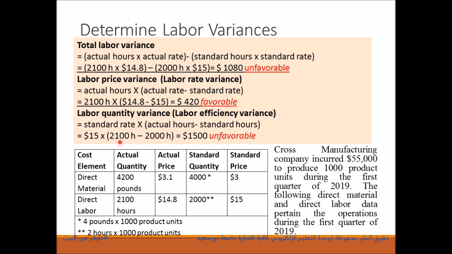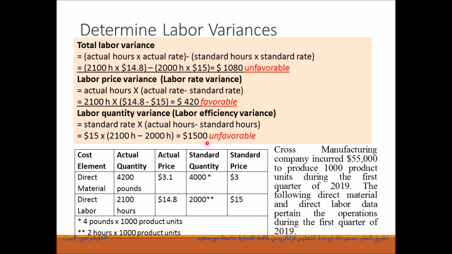Actual hours that is used to produce the 1000 product units is 2100 hours, and the standard hours that should have been used to produce such a production volume is 2000 hours according to standards. That's why actual hours is higher than the standard hours that should have been used.